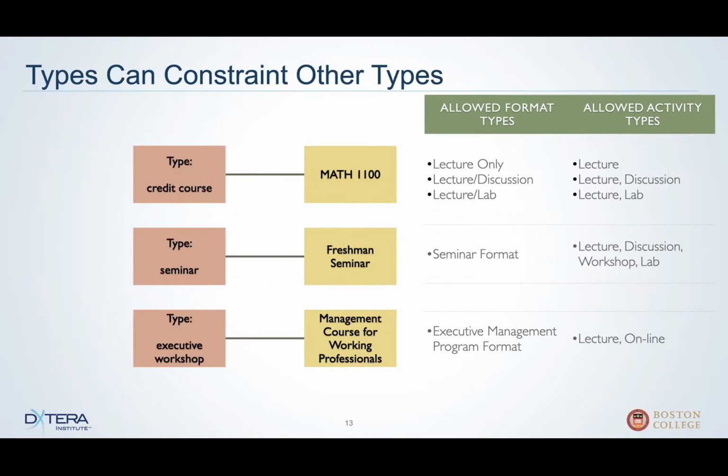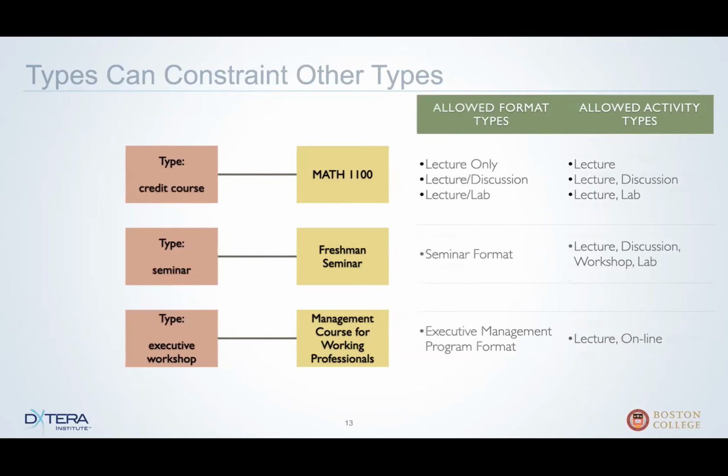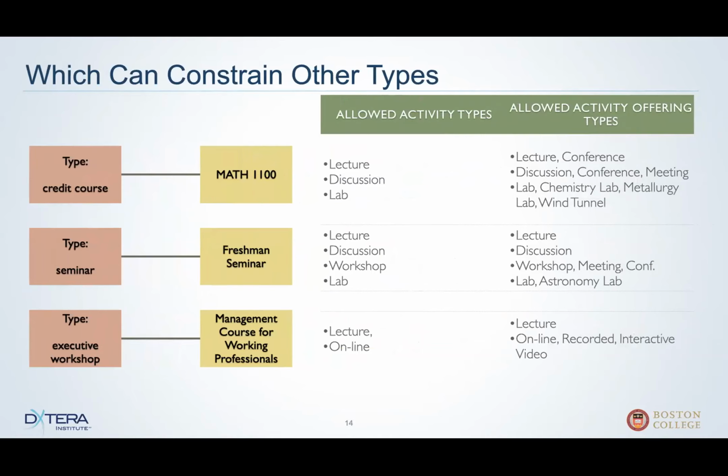And so we can work our way through the relational model of the entire system and look at that at a meta level by looking at how these types relate throughout the system. And so it kind of gives us a meta blueprint of how everything is connected. And that in turn may drive the activity offering types that are available or offerable for that particular activity type, for that particular format type, for that particular course type.